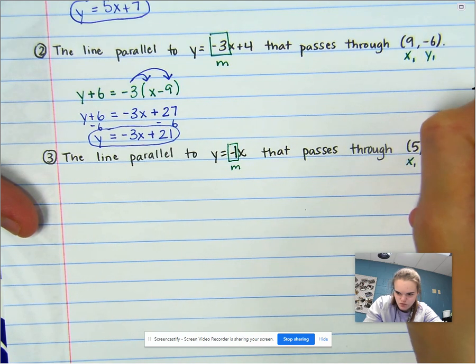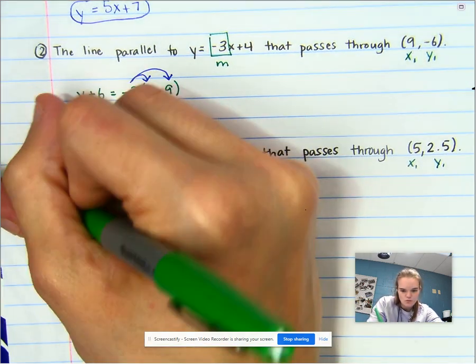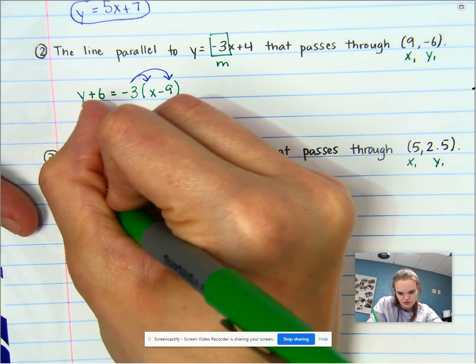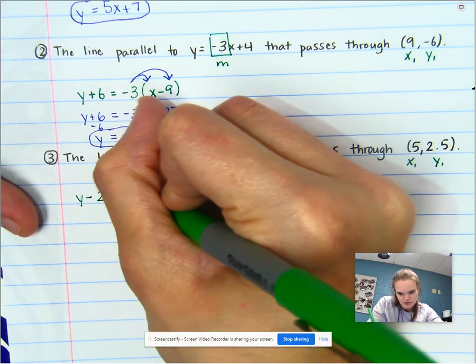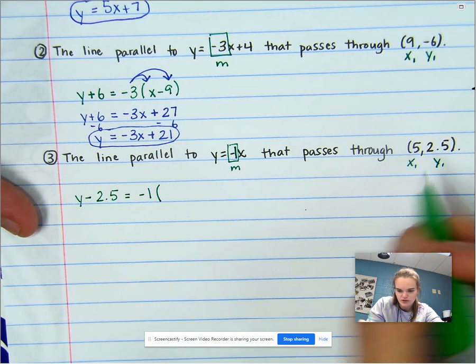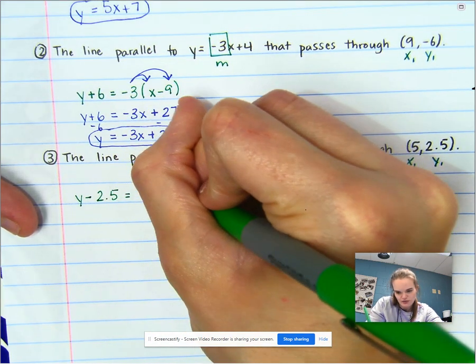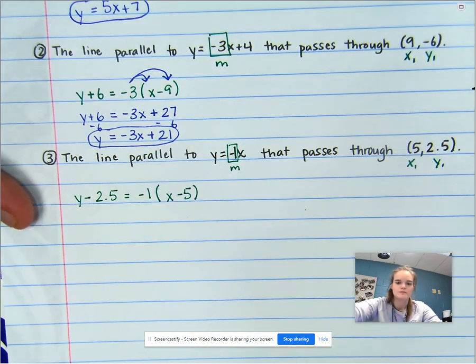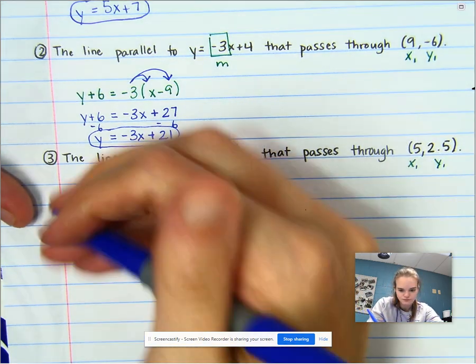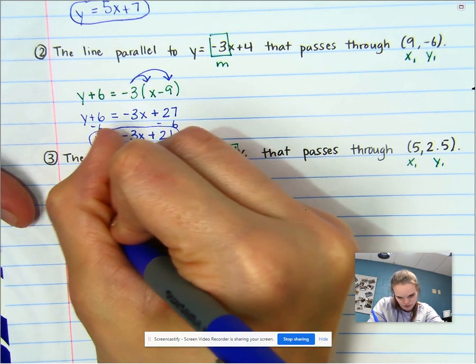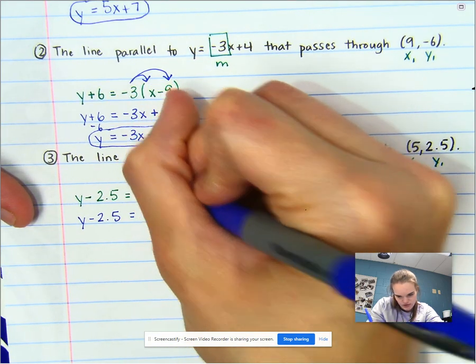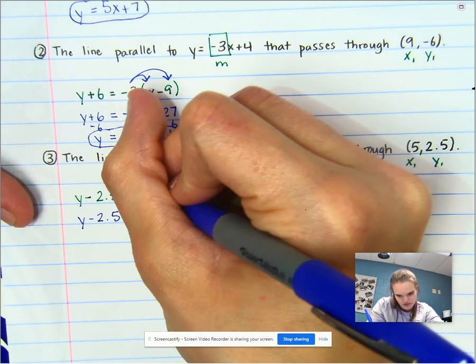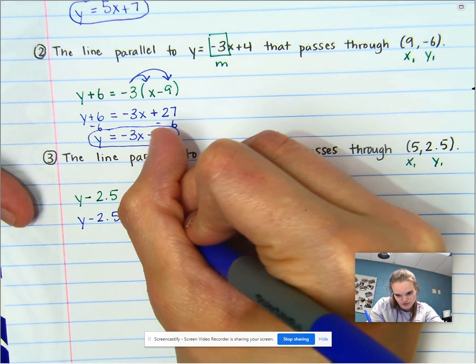x1, y1. Y minus 2.5 equals negative 1 times x minus 5. Distribute. Y minus 2.5 equals negative x plus 5.